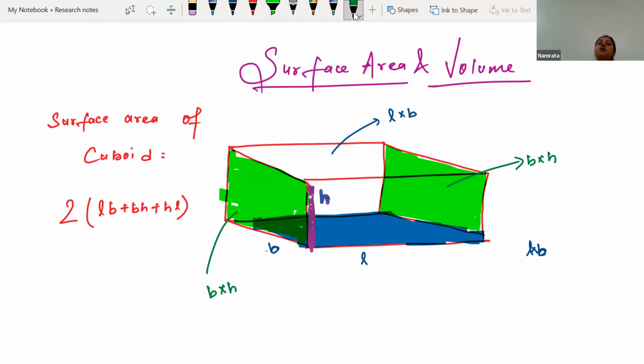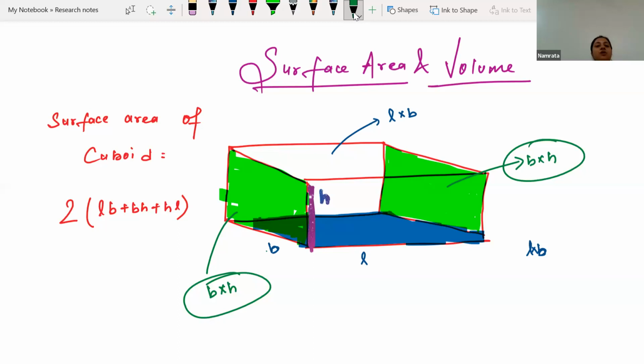We have discussed the bottom rectangle area and the top rectangle. Both are the same and both have the area length into breadth. The left side's area, the green side's area, and the right side's area, both are breadth into height, breadth into height. Now the front and the back.